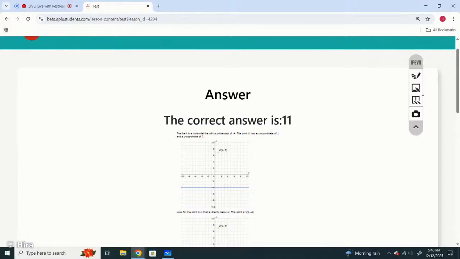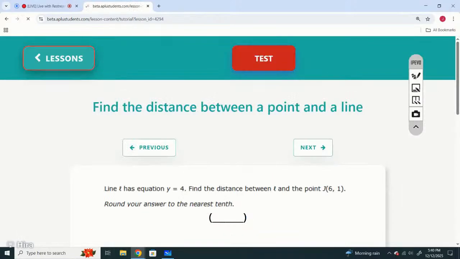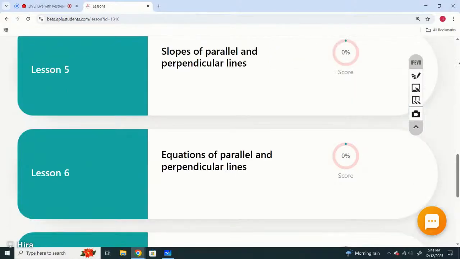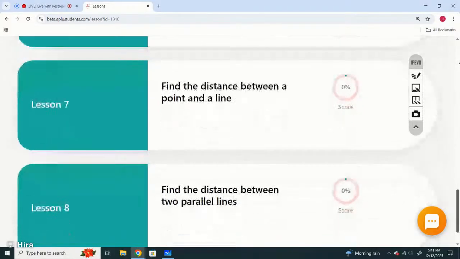Okay, you can complete the lesson by yourself later today. So we were working on grade 10 math. The chapter we were working on is lines in a coordinate plane. The lessons we have covered today are parallel and perpendicular lines, and finding the distance between a point and a line.